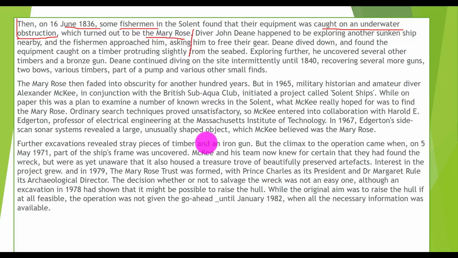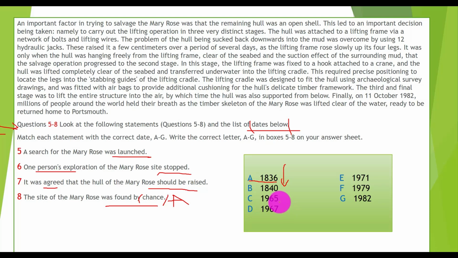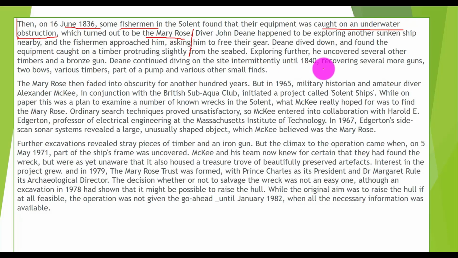Okay, now let's go back to the passage, and our second date is 1840, and look for the 1840 in the passage. Okay, this is 1840. Now let's read around 1840 carefully. But I'm gonna start reading from this sentence, because I want to have a comprehensive understanding of this paragraph. Diver John Dean happened to be exploring another sunken ship nearby, and the fishermen approached him, asking him to free their gear.